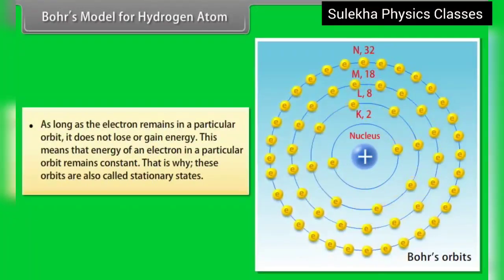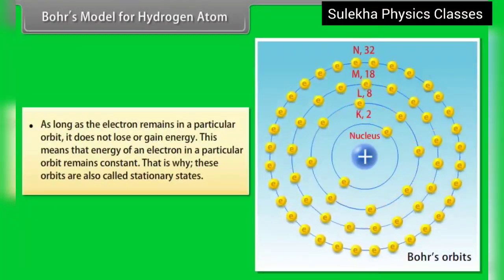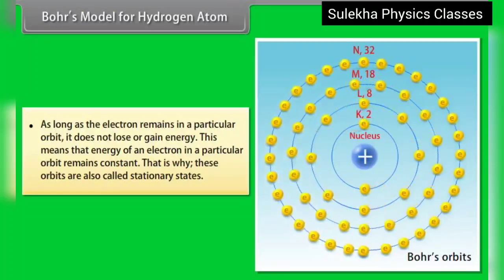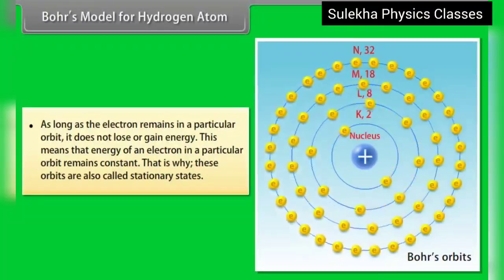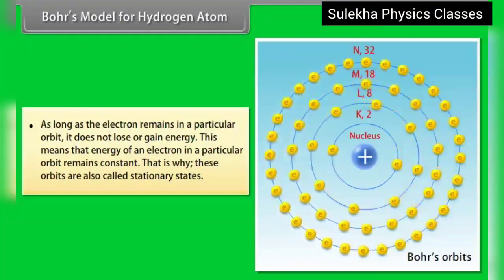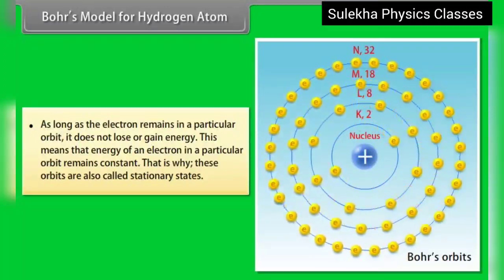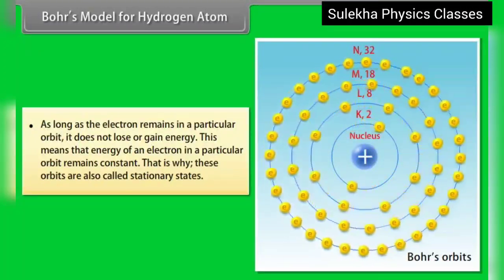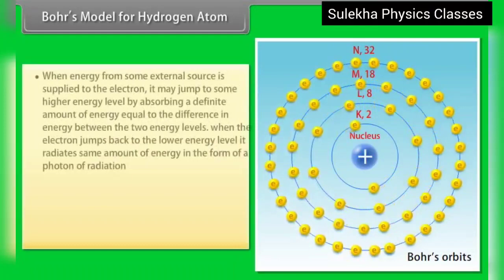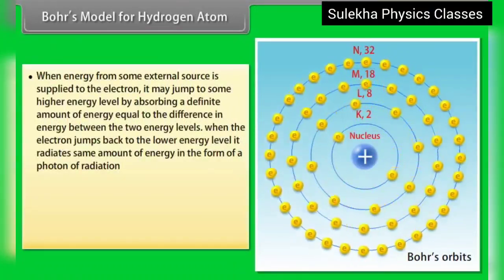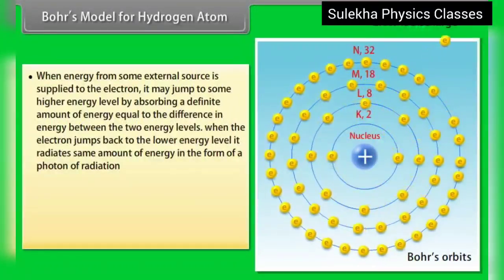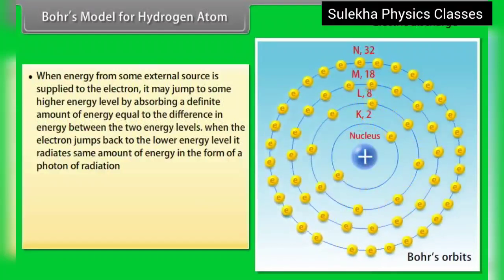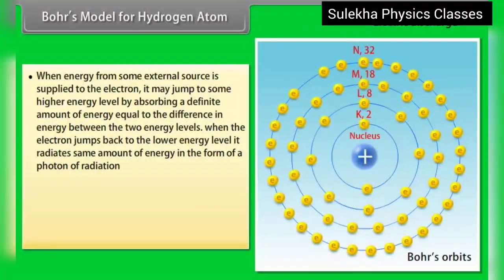As long as the electron remains in a particular orbit, it does not lose or gain energy. This means that energy of an electron in a particular orbit remains constant. That is why these orbits are called stationary states. When energy from some external source is supplied to the electron, it may jump to some higher energy level by absorbing a definite amount of energy equal to the difference in the energy between the two energy levels.